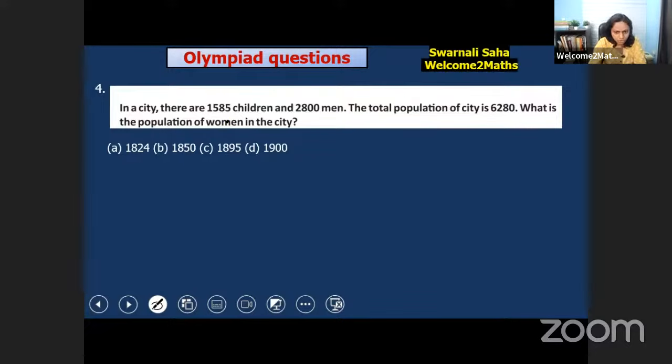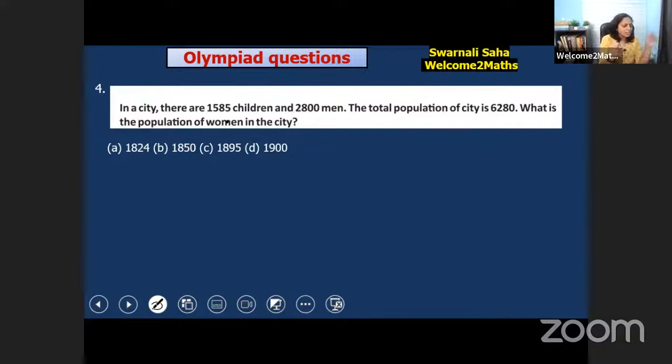So, want to try to solve this first? Then I will tell you the answer. It's so easy. Okay, let me help you. There are 1585 children and 2800 men, and the total population is given here. We just have to find out the population of women. So what do we have to do?